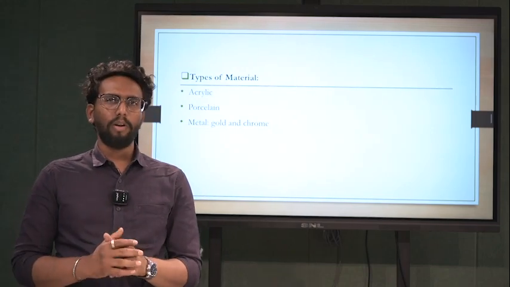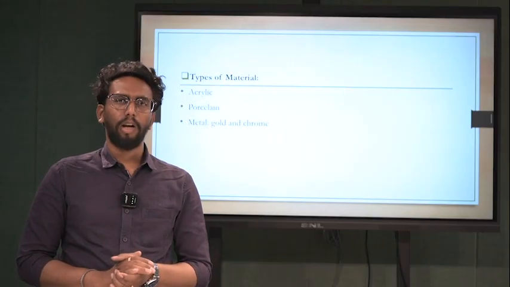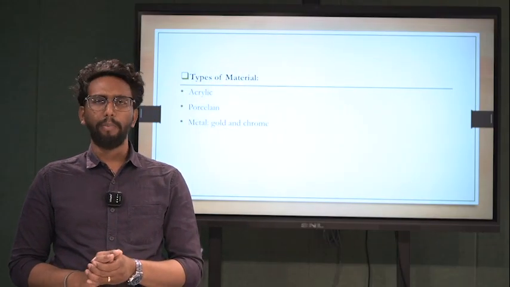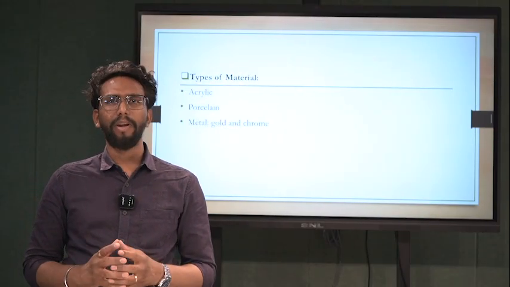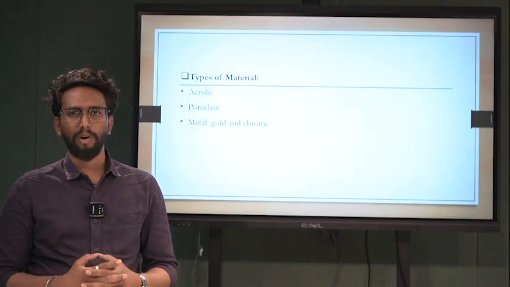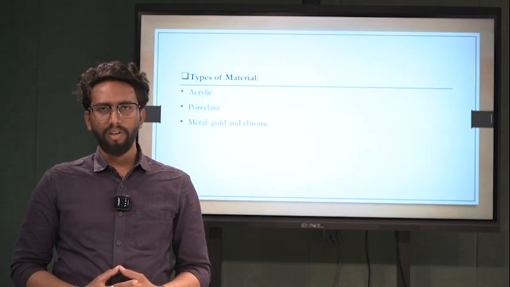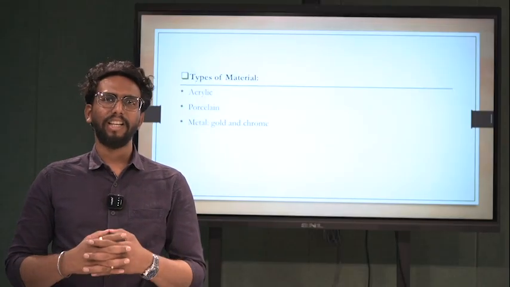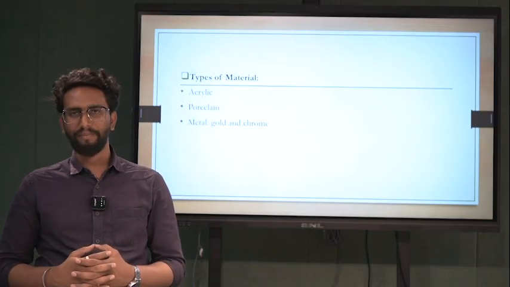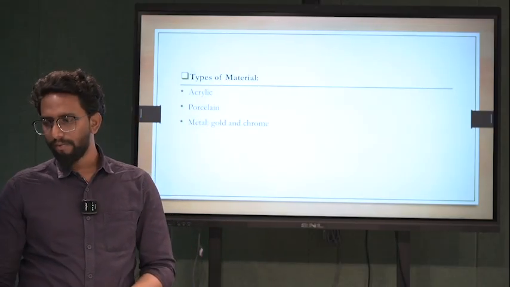By combining all these different components of removable partial denture, we fabricate a removable partial denture for a patient which restores the function, aesthetics and speech of the patient. Okay, thank you so much everyone.